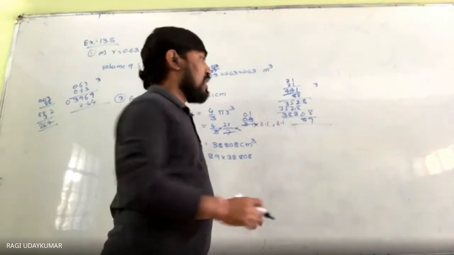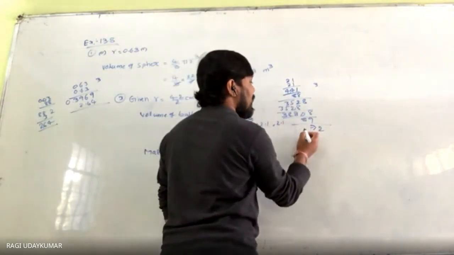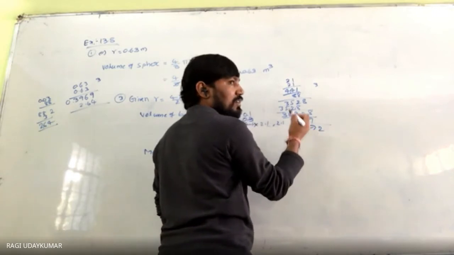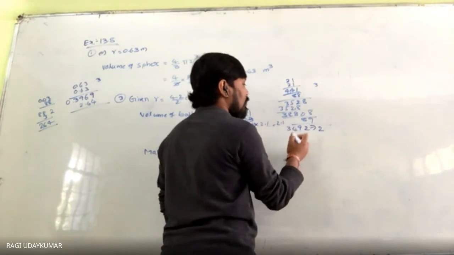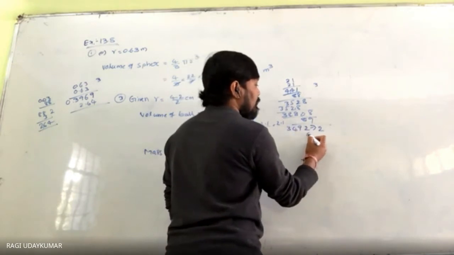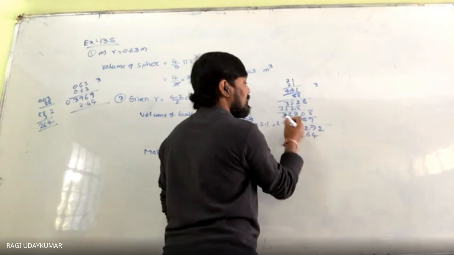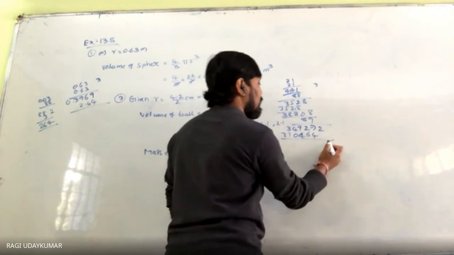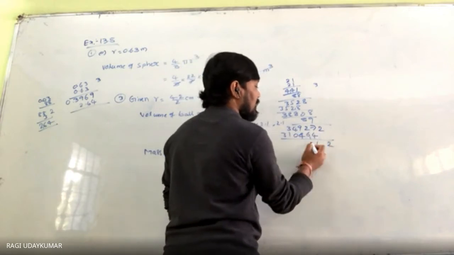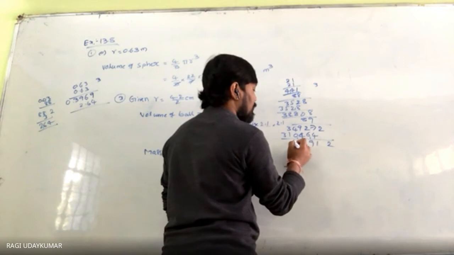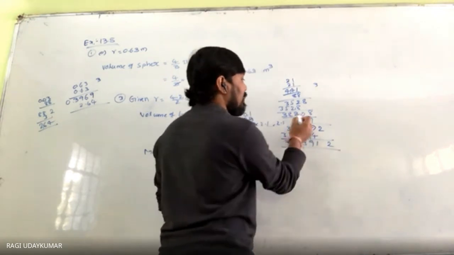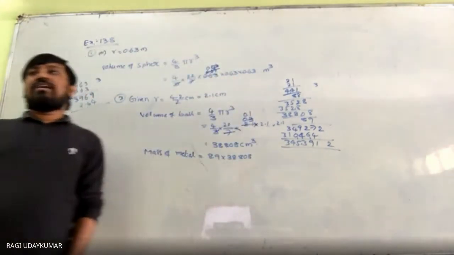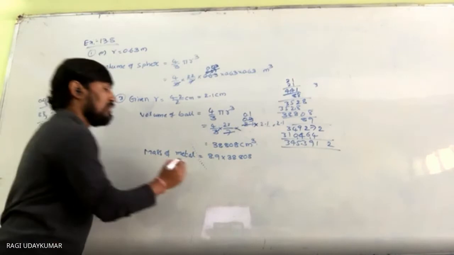Multiply with 9 first: 9 8s are 72, 9 3s are 27 plus 7 is 34, 8 8s are 64, and so on. How many decimal places? 1 2 3 4. So 345.3912.